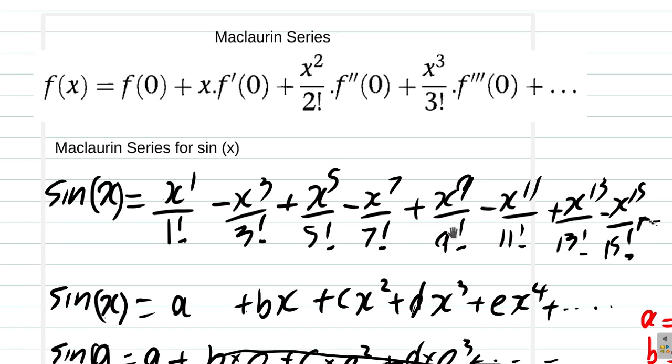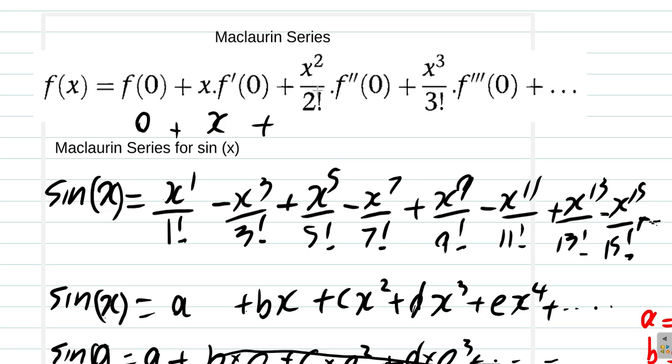Now, it would be good practice for you to do a little homework here. Put sine x there and make x 0, you get 0. You get 0 here. Plus. Differentiate sine x, you get cosine x. This would be cosine of 0, which is 1. This x. Plus.